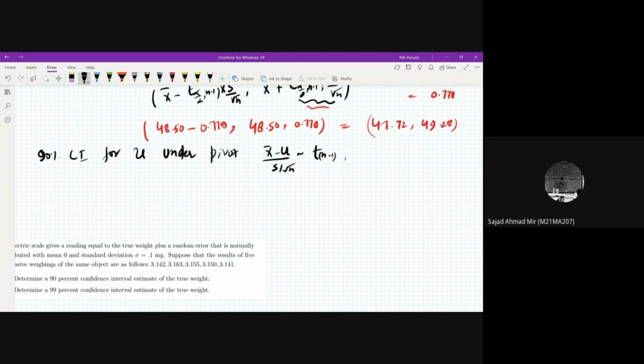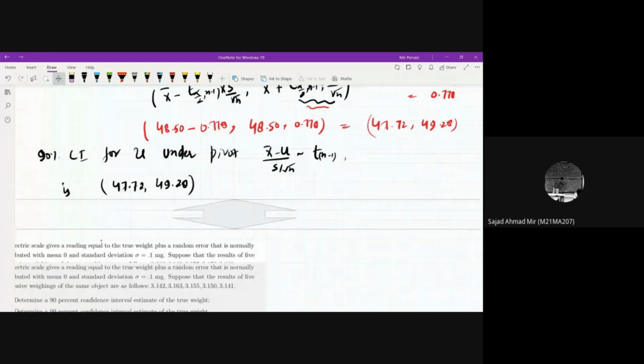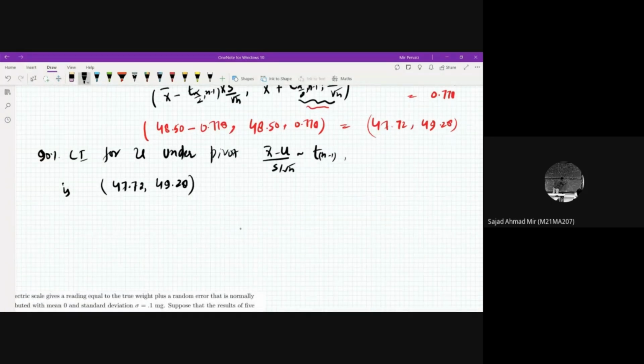So what is your distribution? I think sir might have told you that it is very important to mention which pivot you have used, because it depends on the pivot. If you do not mention the pivot, you may get zero in the examination.